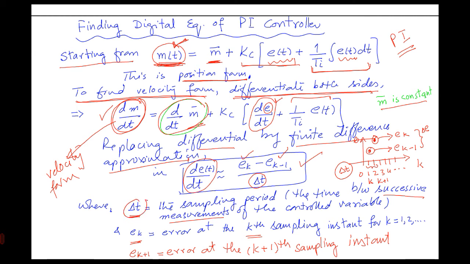Here delta t is basically the sampling period, which is the time between the successive measurements of the control variable, and ek is the error at the kth sampling instant for k equals 1, 2, 3 and onwards. We have ek plus 1, which is the error at the k plus 1th sampling instant.